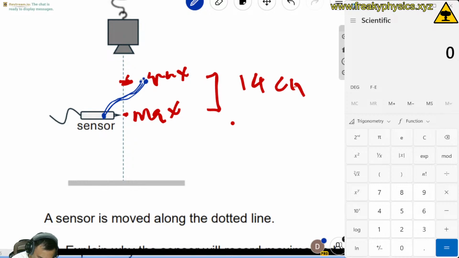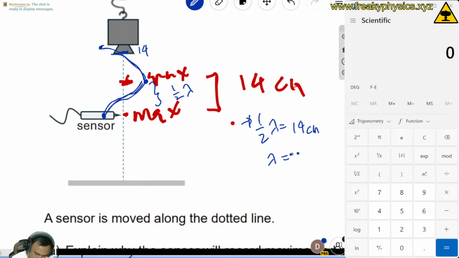If you continue this, if you go back another 14 cm here, like so, we're going to get another antinode here. So in other words, this is half a wavelength because it's maximum to maximum. So we know from here that 1/2 of the wavelength is equal to 14 cm. Therefore, the actual wavelength is 28 cm, right?